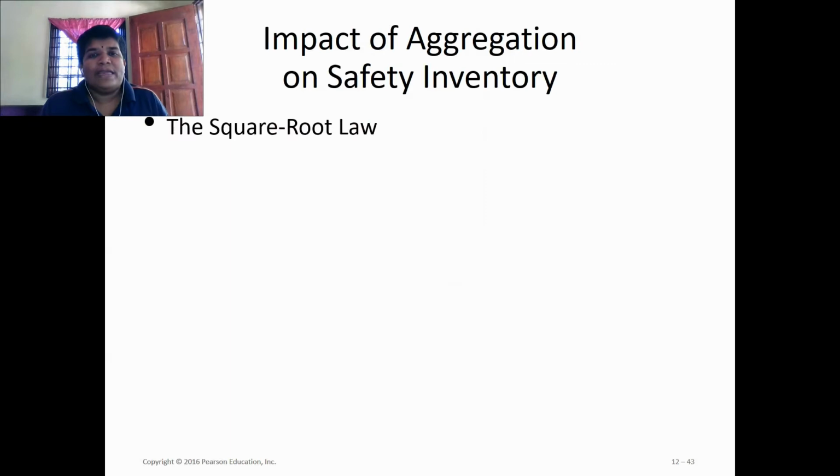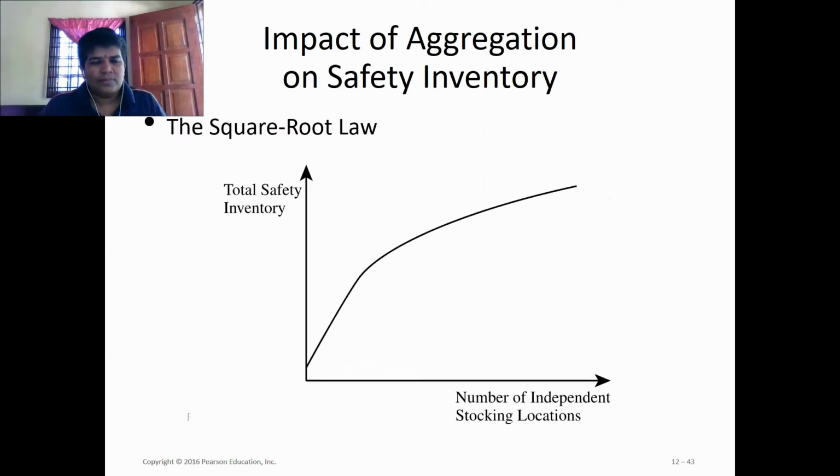Impact of aggregation on safety inventory: the square root law. When total inventory is increasing, the number of independent stocking locations also increases.